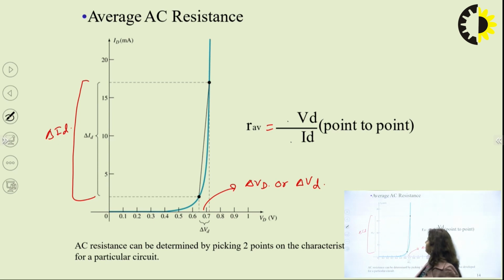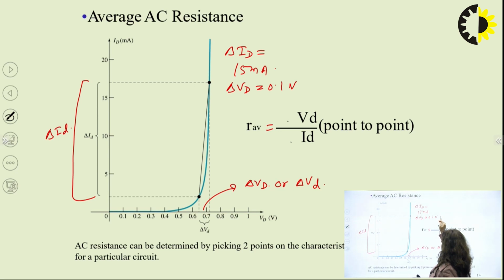From here you can see 18 to 3, so there is a difference of 15 milliampere. And here there is a difference of 0.2 point something. So delta ID is equal to 15 milliampere and delta VD is equal to around 0.1 volts.